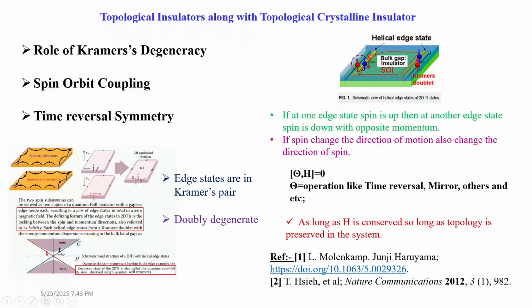Similarly, on the other edge states, the electron can reside in either yellow or blue. There is a choice for the electron, but at one time it can occupy only one edge state.